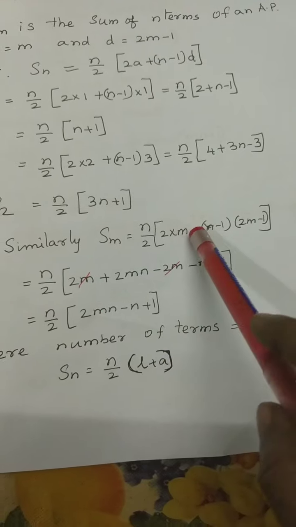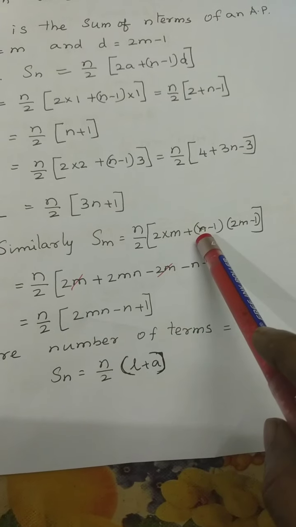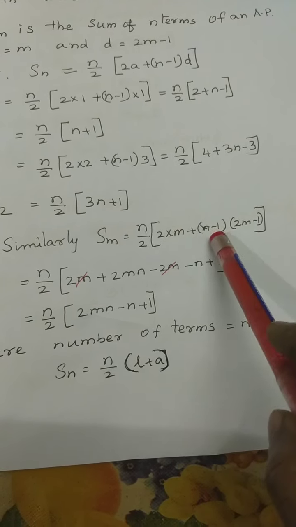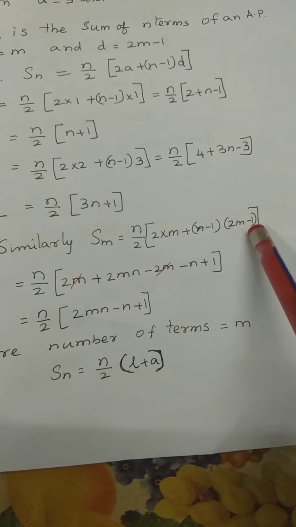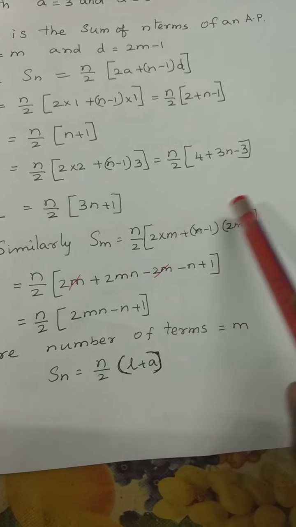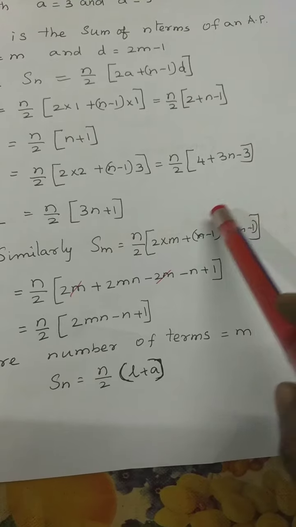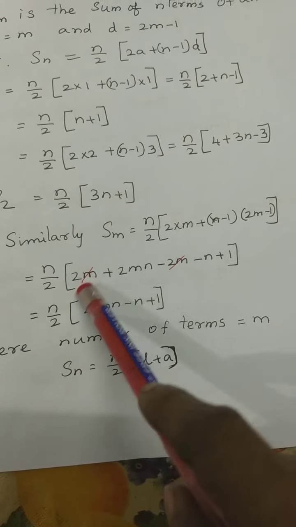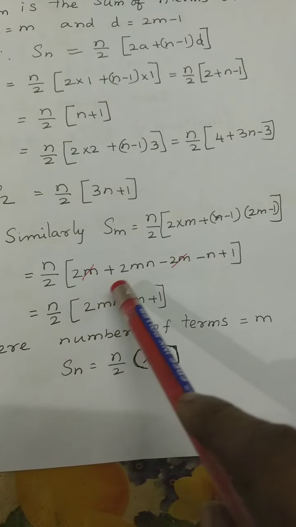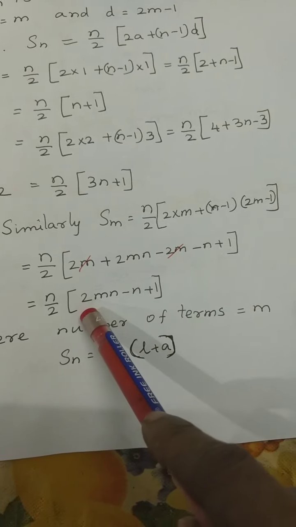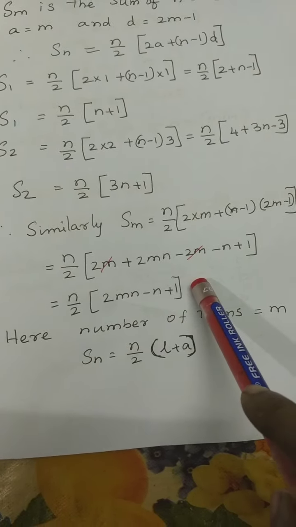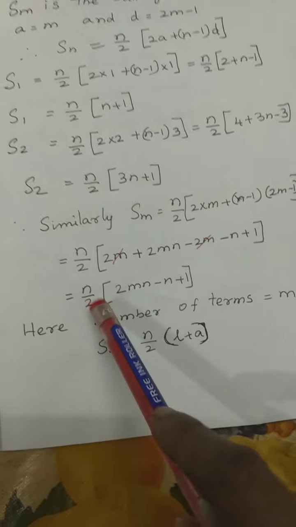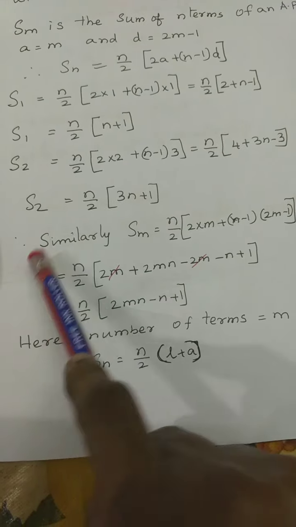Then 2m plus 2mn minus 2m, then minus n plus 1. So n by 2 into here 2m and minus 2m get cancelled, 2mn minus n plus 1. So Sm also we have found.